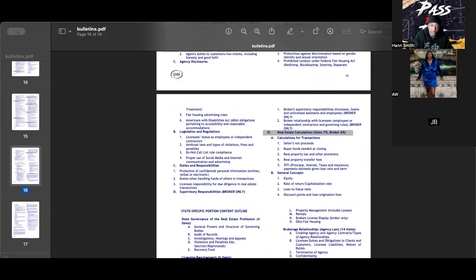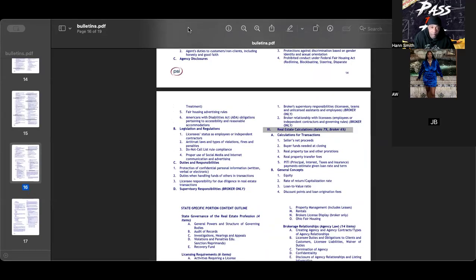So let me paint the picture for you in terms of what selling net proceeds is, and also how your commissions work, and it's a lot of simple math in here. And the problem that I have with this is there's a lot of simple math, and we're going to go over a lot of math, and I'd love to know exactly what math is going to be on the test, but it's not that easy.